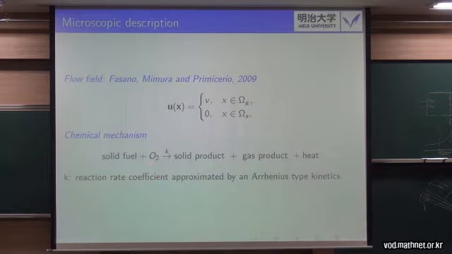Also, since the process is just a chemical reaction process where we have a solid fuel and the oxygen reacting to give us a solid product and some gas product, which for this problem is not so important, and also the release of heat that drives or sustains the combustion process. For this chemical mechanism, we use the Arrhenius type kinetics for the reaction rate.